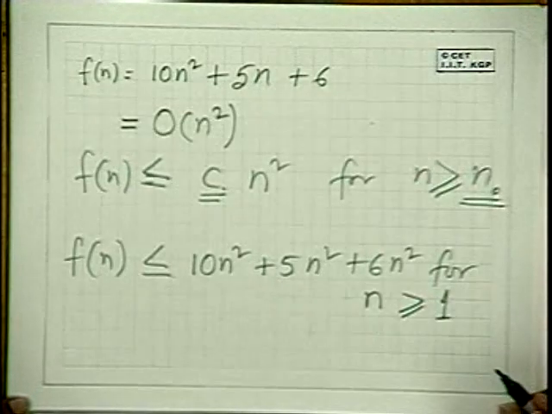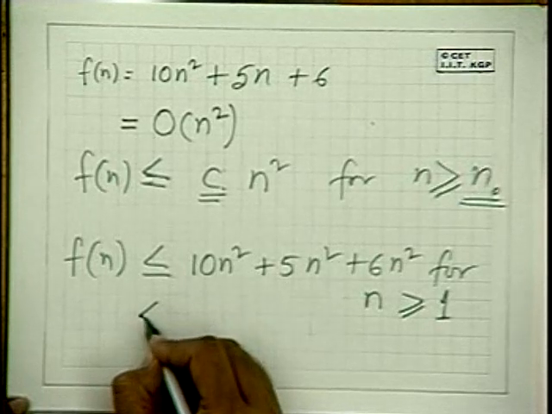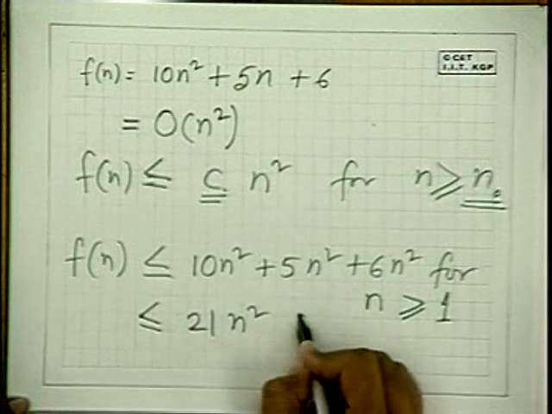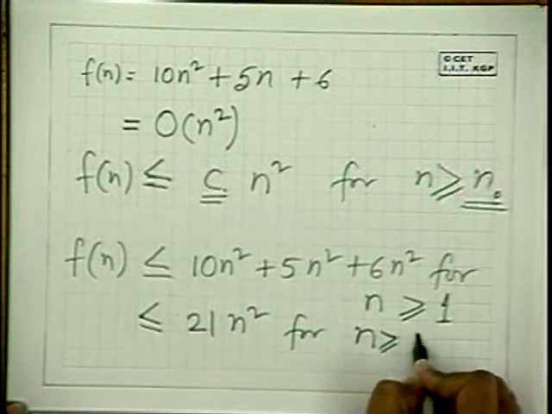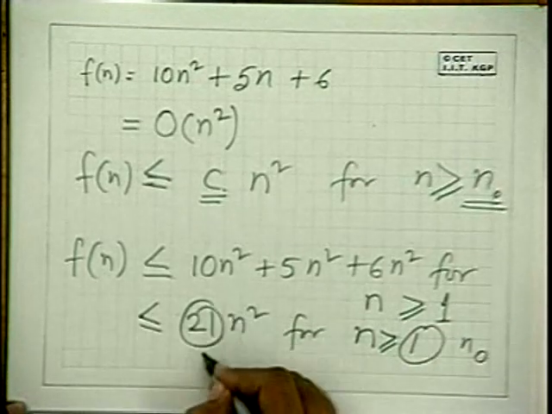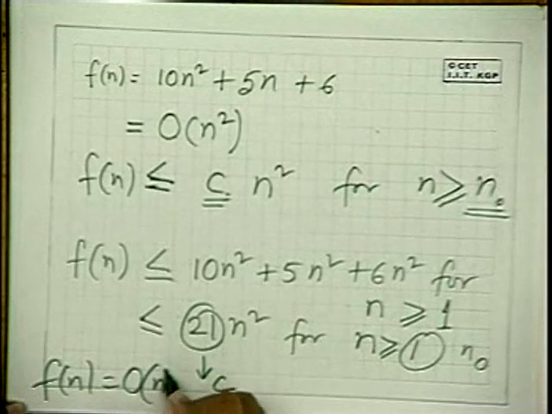Greater than equal to 1 is also fine. Okay, so that means this is less than equal to 21 n square for n greater than 1. So this is my n naught, 21 is my c. So Fn is of the order of n square.